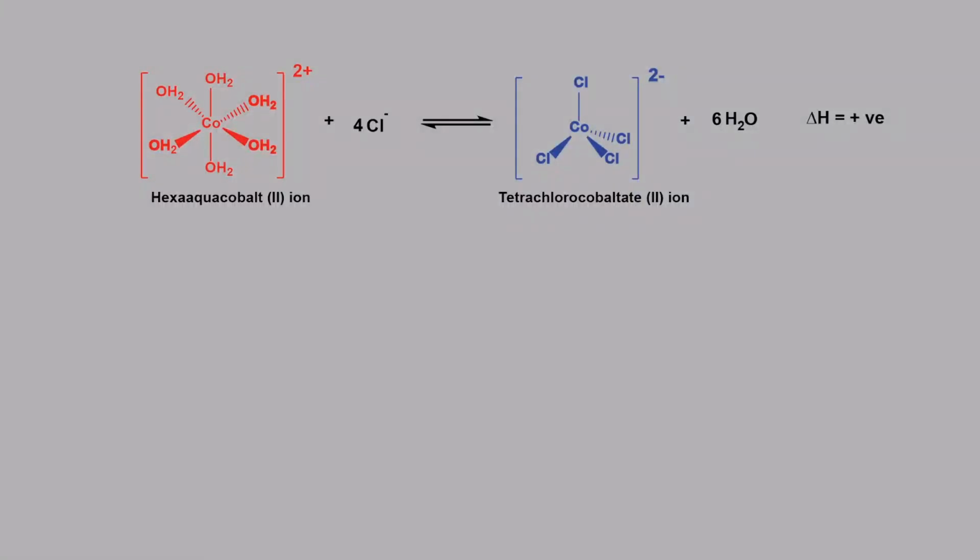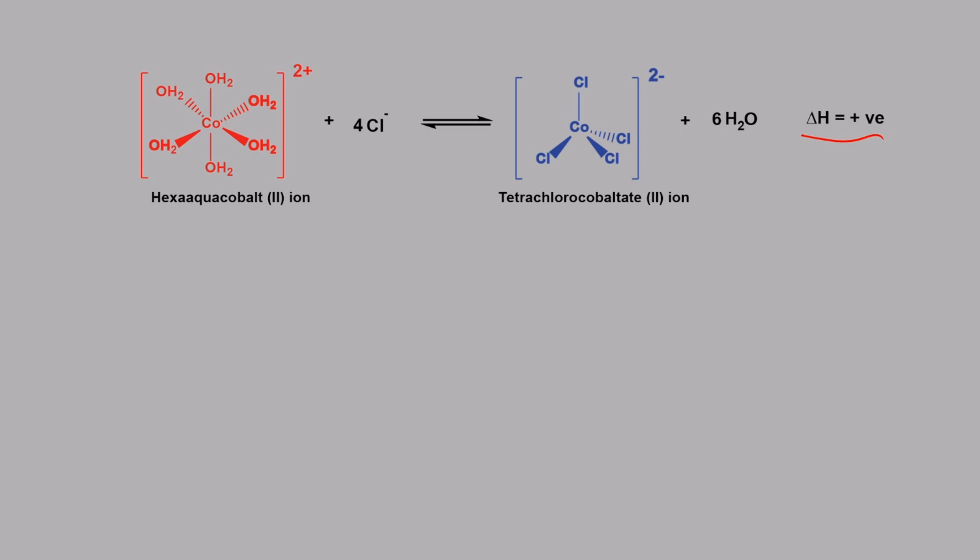We can use Le Châtelier's principle to predict which direction a reaction is going to proceed in when we heat or cool it. To do that, we need to actually look at its enthalpy, and the reaction that we had here, the hexaaqua cobalt ion going to tetrachlorocobaltate ion, is an endothermic reaction, meaning it takes energy to do the reaction.